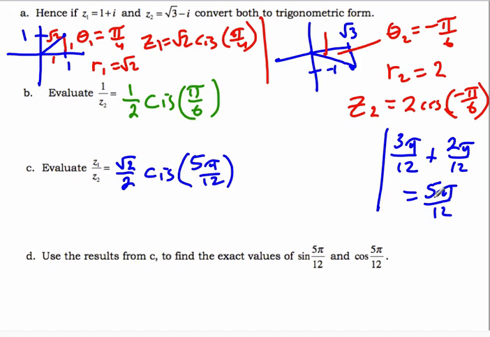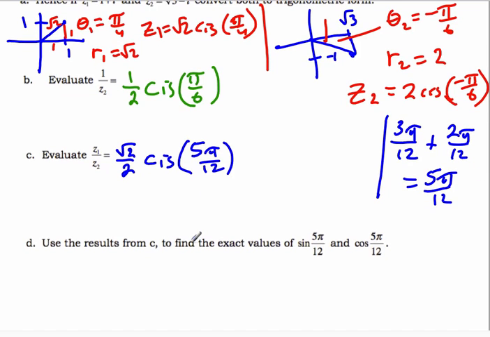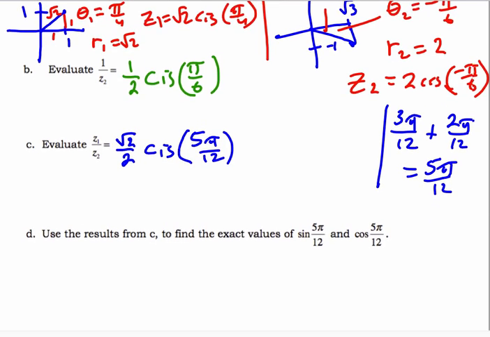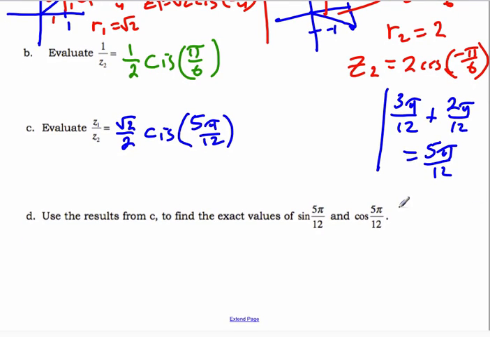Okay? Now use your results from C to find the exact values of sine 5 pi over 12 and cosine 5 pi over 12. So that's pretty interesting. Up until now, we've only been getting exact values of like pi over 3, pi over 6, and things like that. But you can use complex numbers to do all kinds of other things like this.